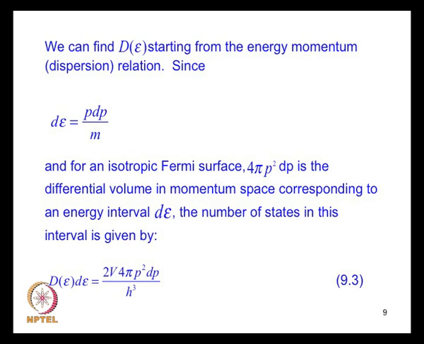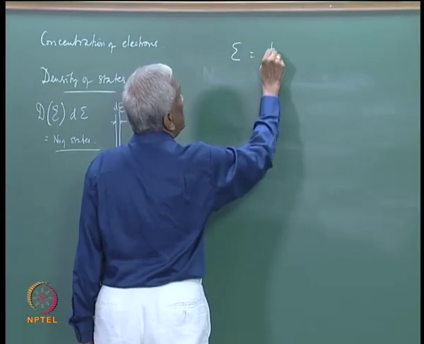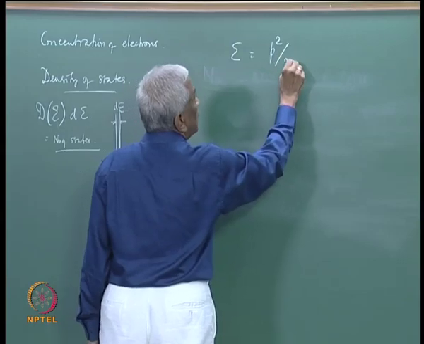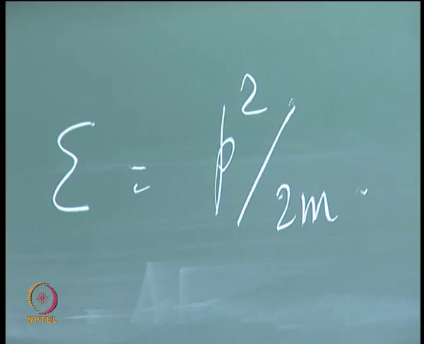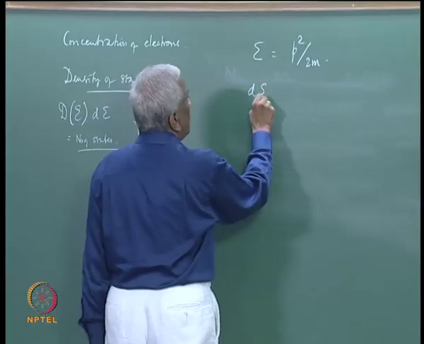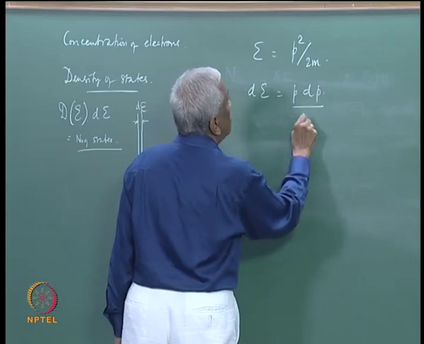So, we know that the energy is just p²/2m, because the electrons have only kinetic energy. So, dE is p dp/m.